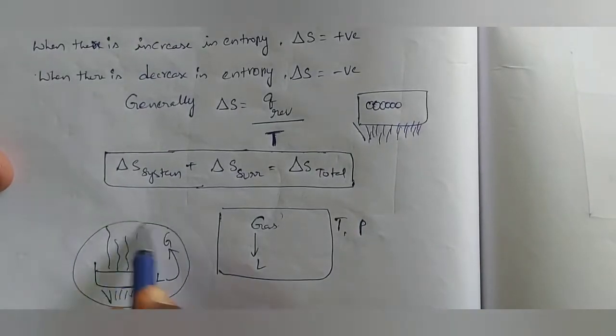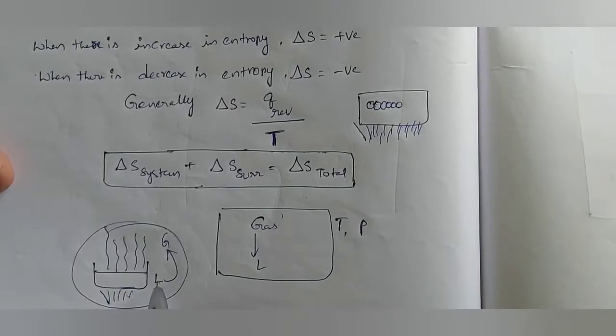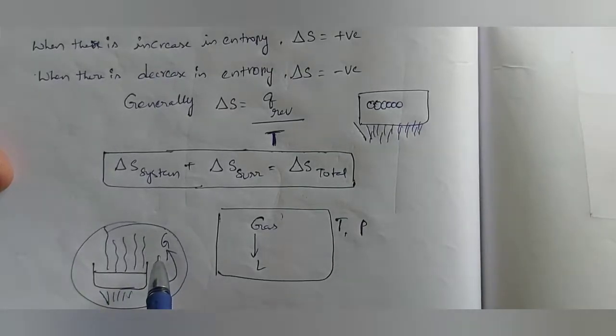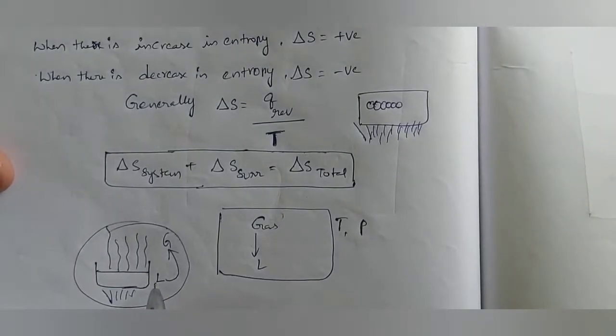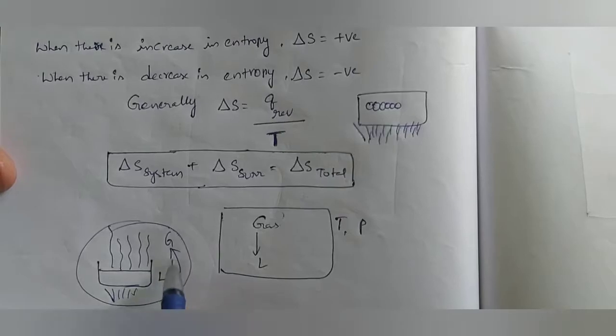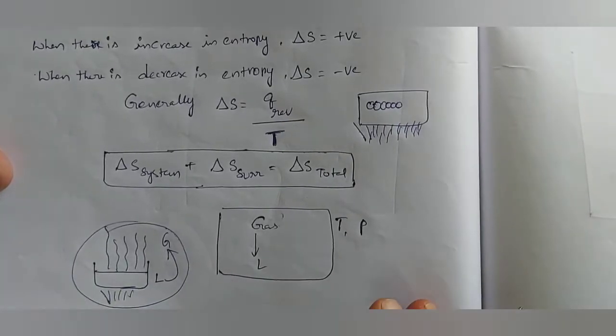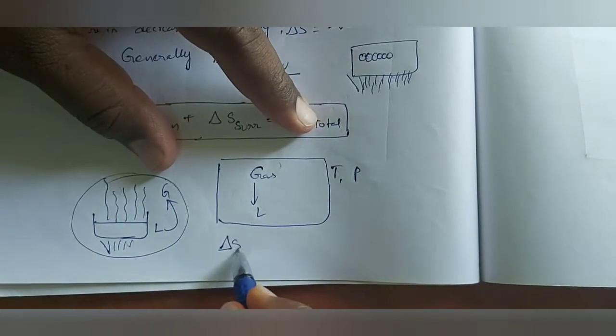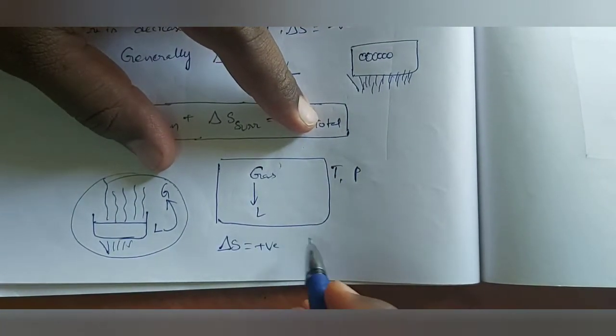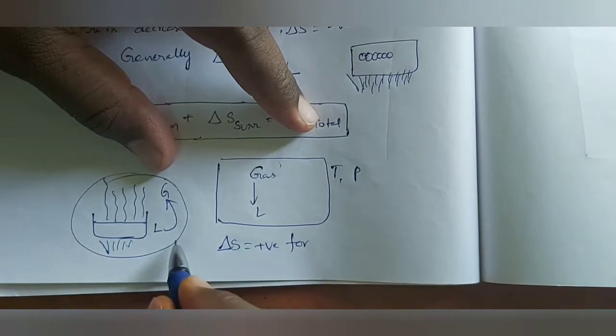So liquid to gas, the process is spontaneous. For this, the liquid S value is lower when compared to gas. So lower to higher, increase in entropy. Increase in entropy is nothing but delta S is equal to positive. Delta S is positive for a spontaneous reaction.